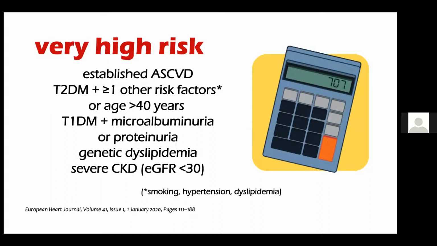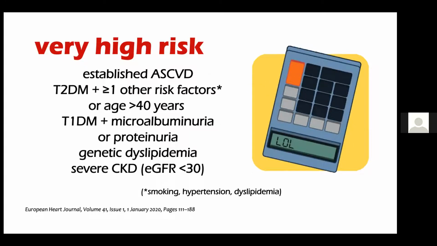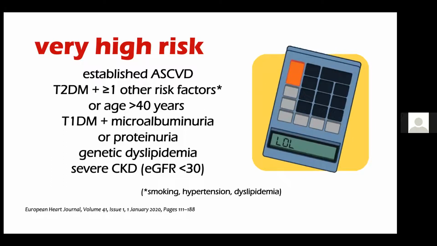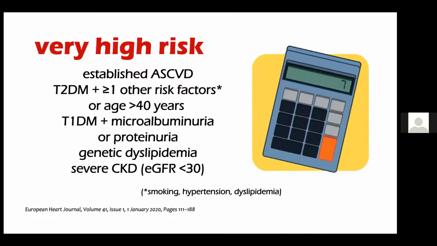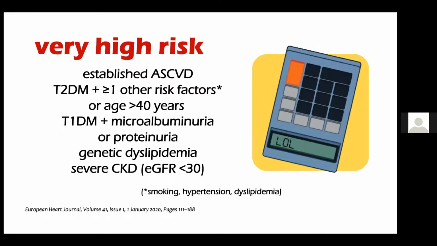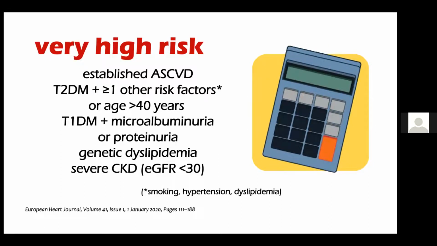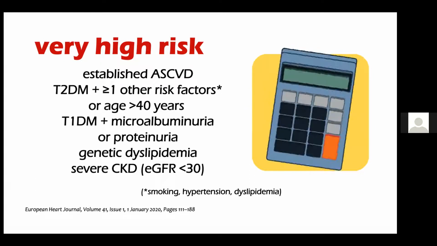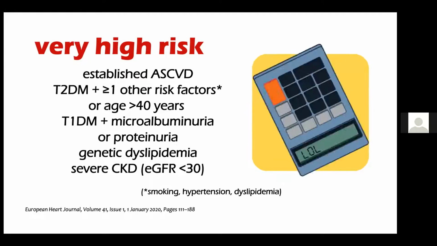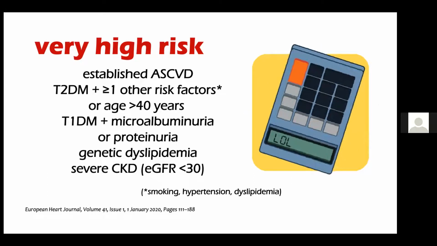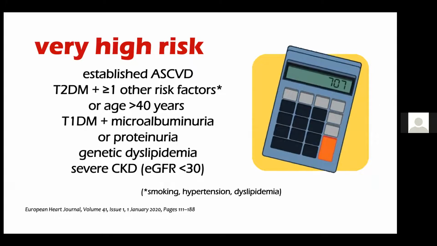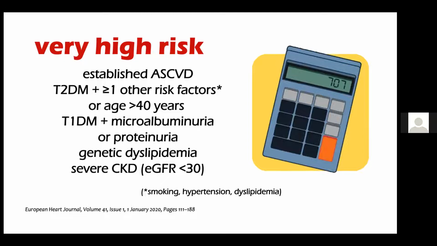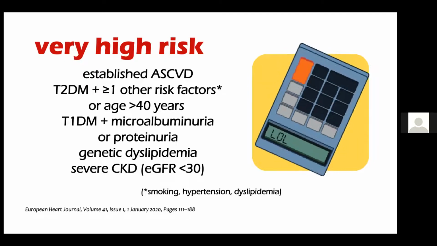So a patient with established atherosclerotic vascular disease, meaning a patient that had a stroke before, a patient that is known to have had a TIA, a patient that had ACS, a patient that has chronic coronary syndrome, a patient that has peripheral arterial disease, that patient has established atherosclerotic vascular disease, you don't need to run a calculator.